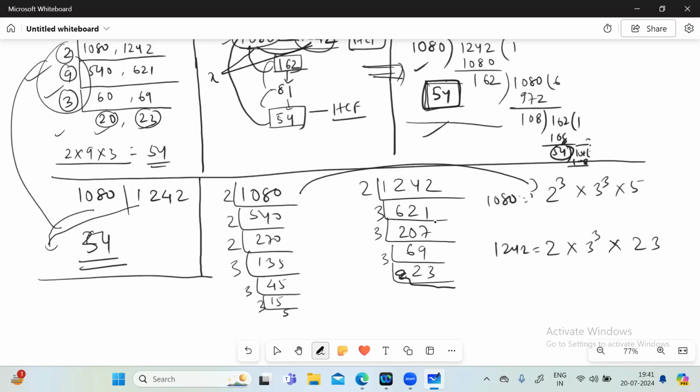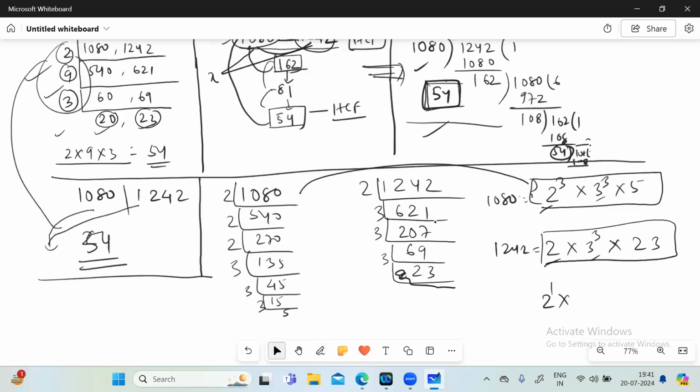How will we find the common factors from these two prime factorizations? I'll check the common prime number and the smallest power of it. So the common prime number is 2 and the smallest power of 2 is 2 to the power 1. Then I have common prime number 3 and the smallest power. In this case, 3 is the power for both, 3 to the power 3, and 5 and 23 are not common to either of these numbers.